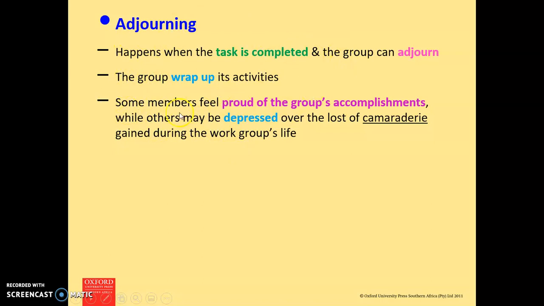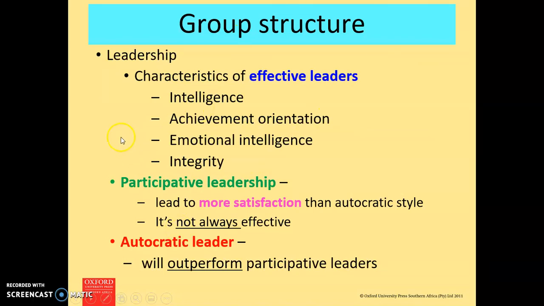Before they adjourn, some members may feel proud of the group's accomplishments. However, others may be depressed because they have to dismiss the group. They may lose some of the camaraderie, that means friendships that they gained during the group work life.